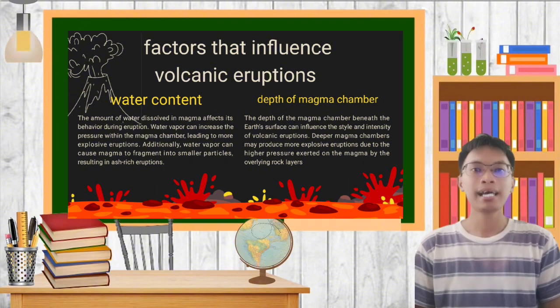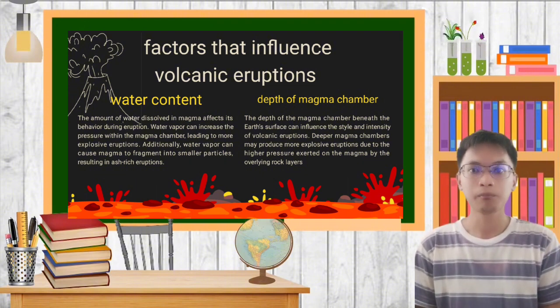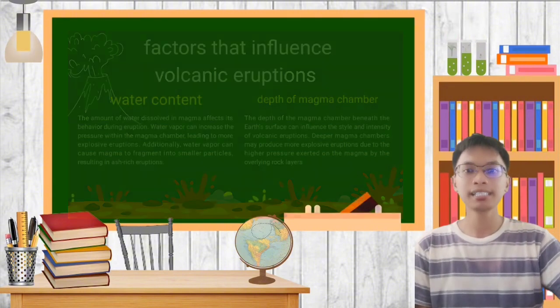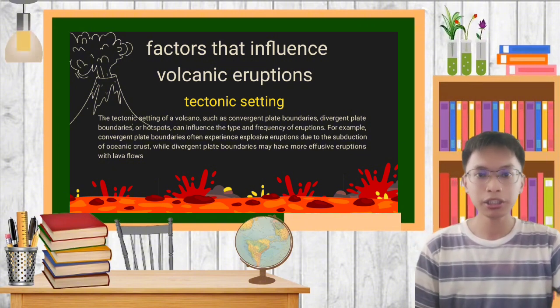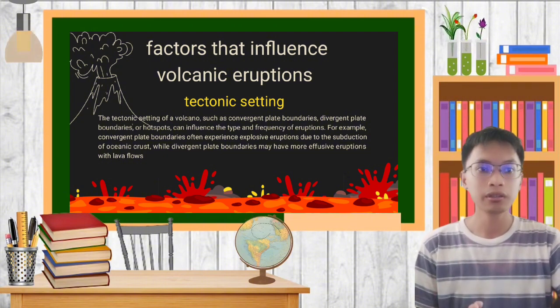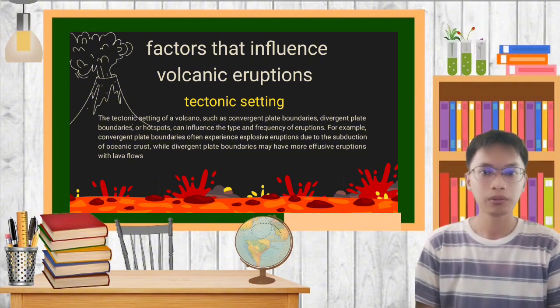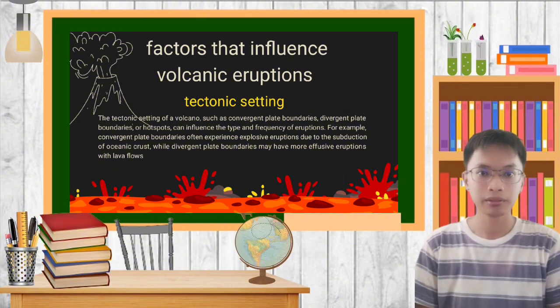Now, let's proceed to the last factor that influences the volcanic eruption, which is the tectonic setting. The location of a volcano plays a crucial role in the volcanic eruption.